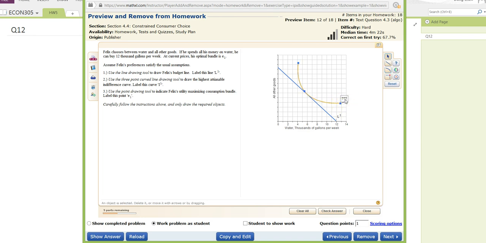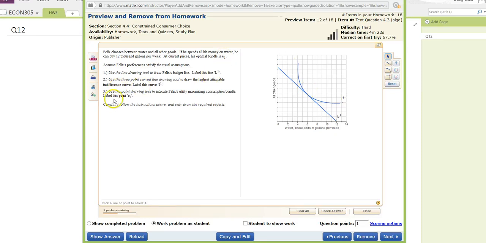So this is I1. I'm trying to make the I1 indifference curve tangent to the budget line. It looks like it's tangent. As I said, my econ lab doesn't require you to draw a very precise line. As long as it's close, it will mark your answer as right. So we're done with the second part.